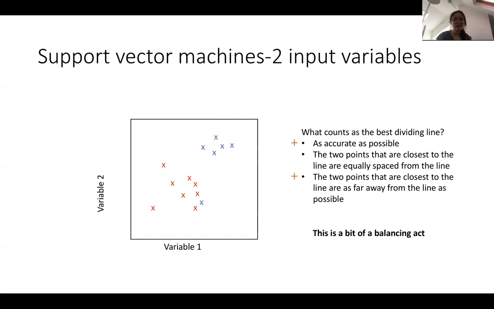However, this is a little bit of a balancing act. So, for example, this line would be as accurate as possible because you get 100% separation between the red X's and the blue X's. However, let's say that we have a new data point that's over here where there's the circle.